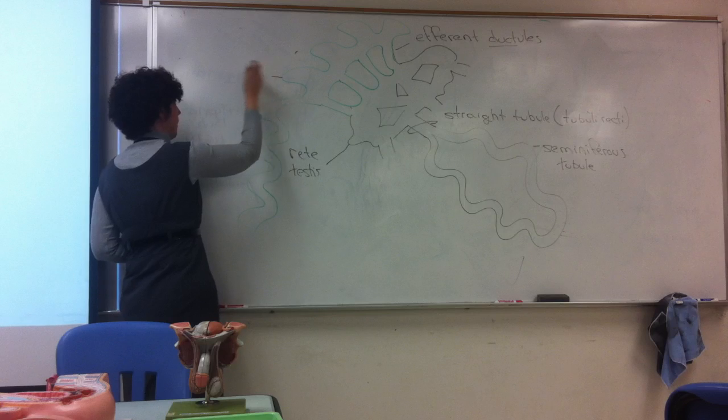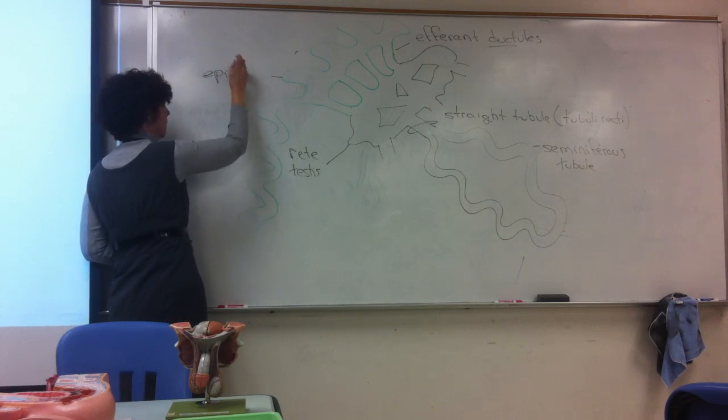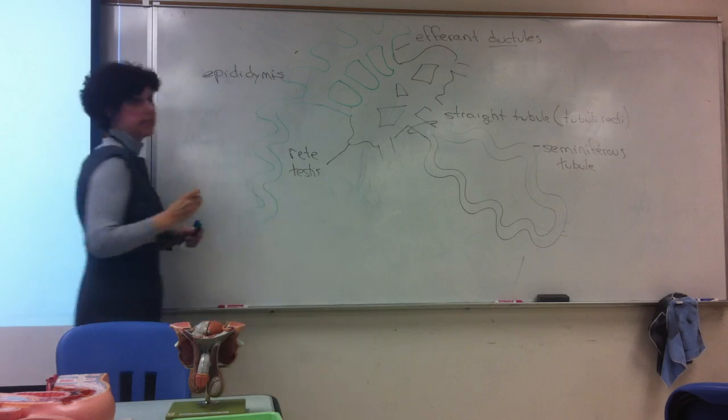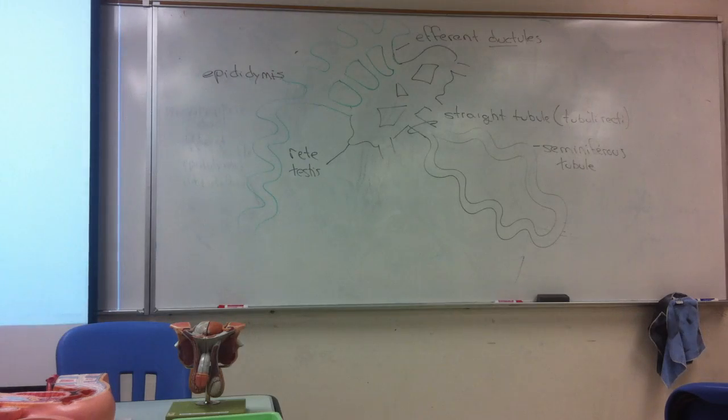And then finally, this structure is the epididymis. So over on the diagram, we would have the seminiferous tubules, the straight tubule, these short segments here, the rete testis, efferent ductules, and epididymis.